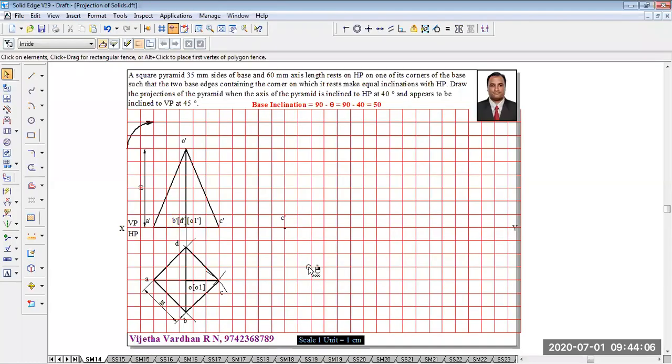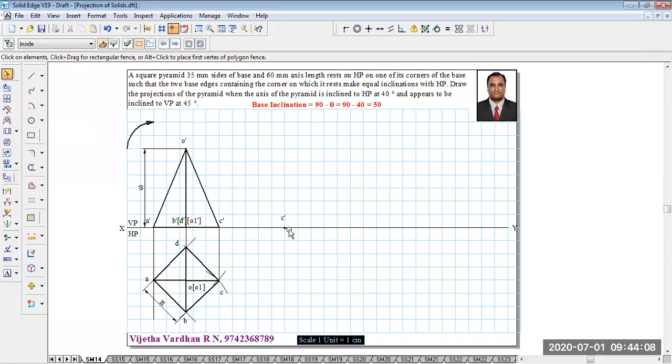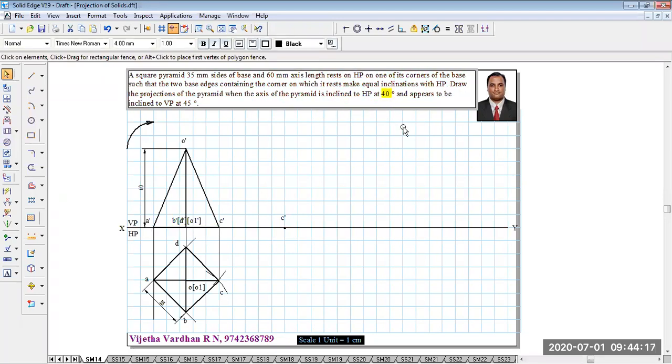Now you guys can see that we know the corner C dash is going to be the resting corner. Now the base is inclined at an angle of 50 degree because the axis inclination is 40 degree.